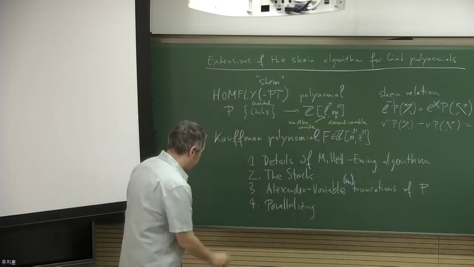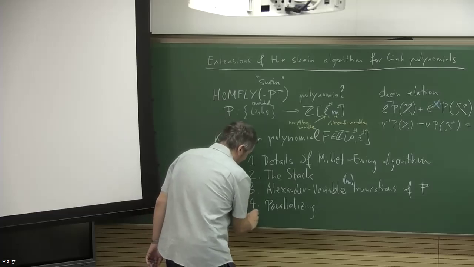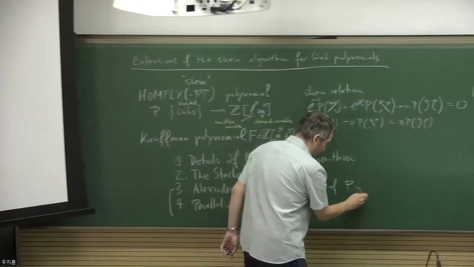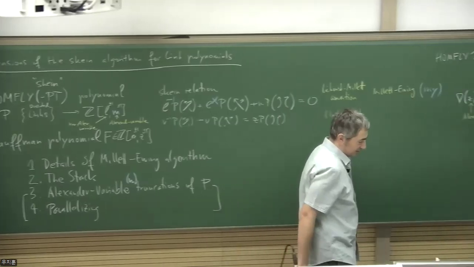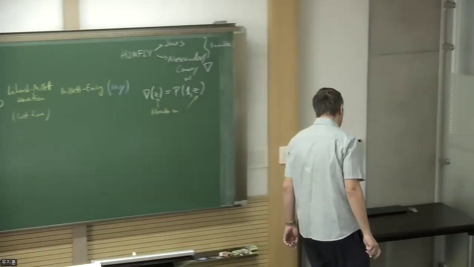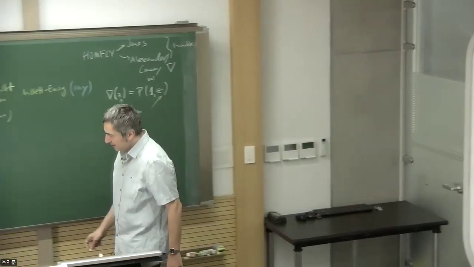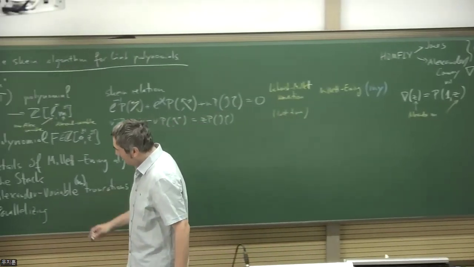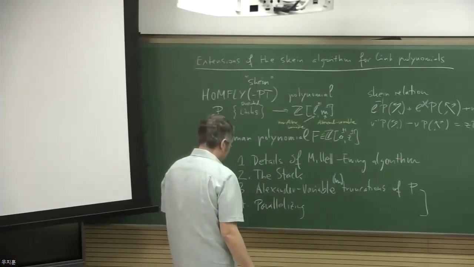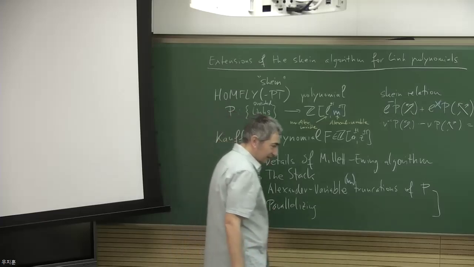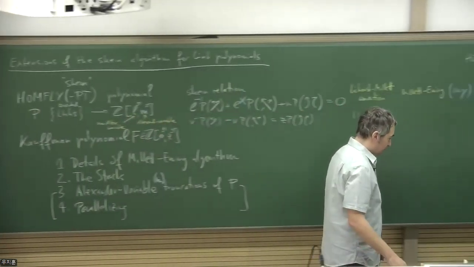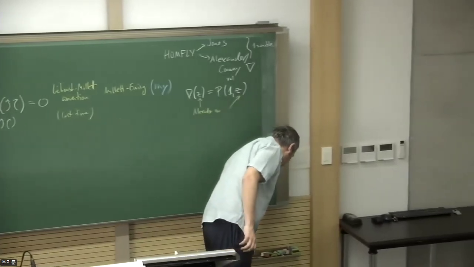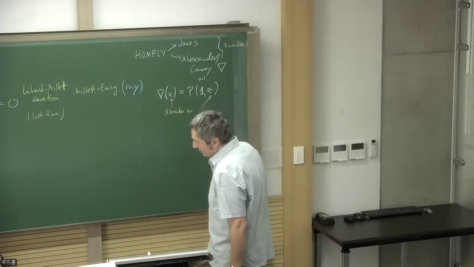Probably the last 1.5 points of this program will remain for the next time. So I will start talking about Alexander variables, and maybe I will finish it, maybe I will not, but quite likely I will not have time to talk about parallelizing now. All the other points I will leave to the next time.